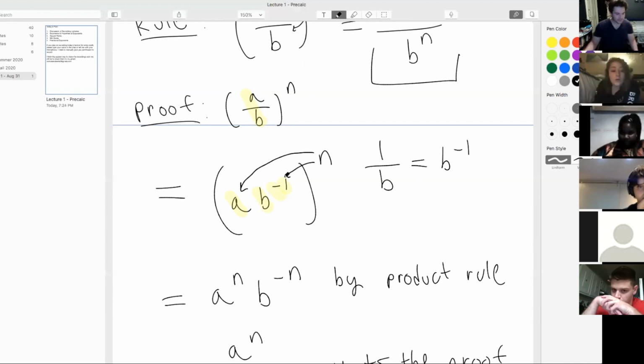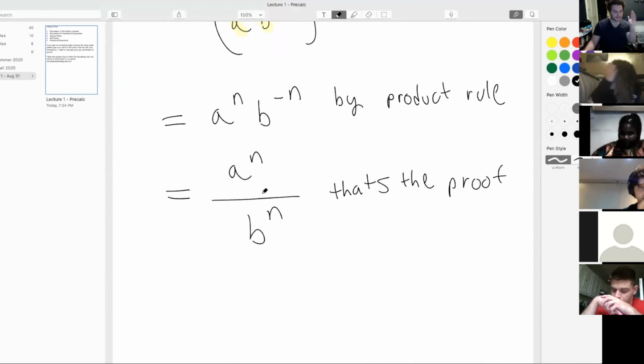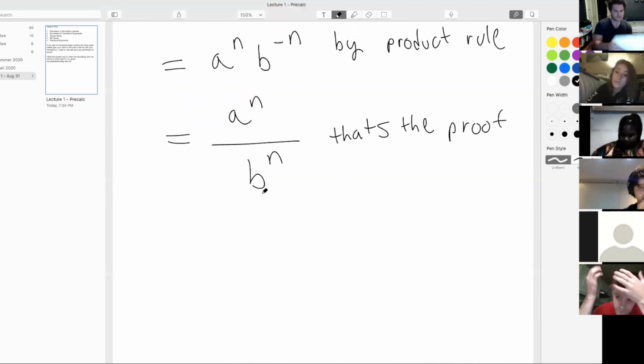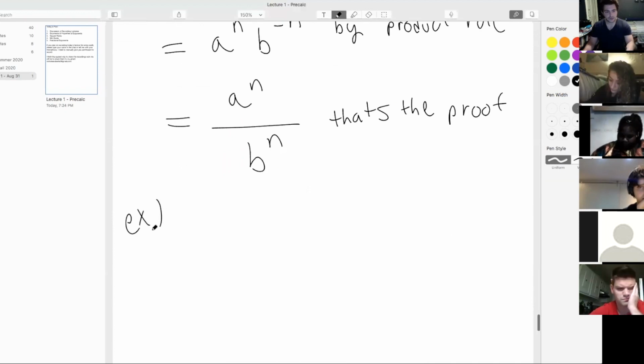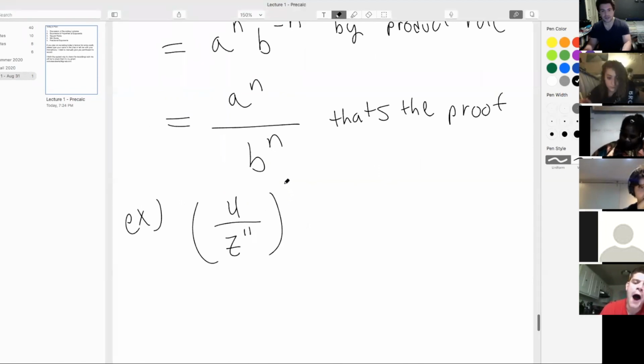Okay, so that's the proof. Let's do one example of this. So let's use 4 over z to the 11th, that whole thing raised to the 3rd power.